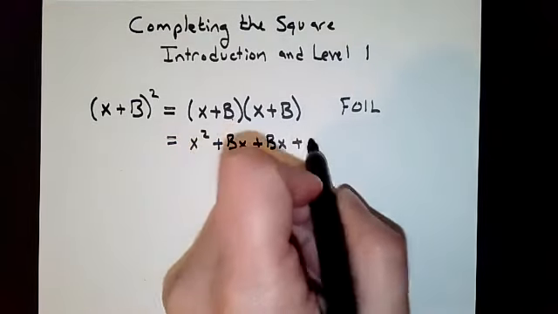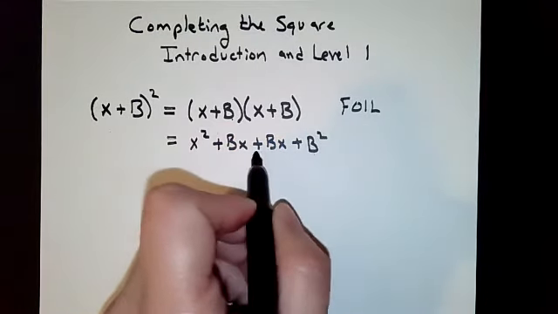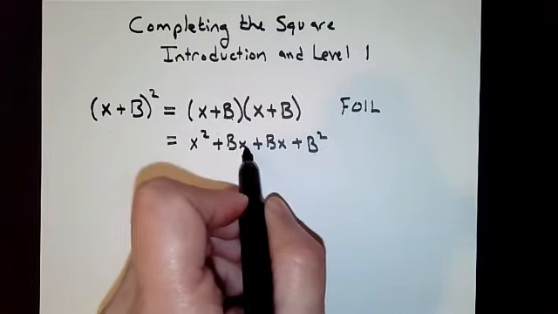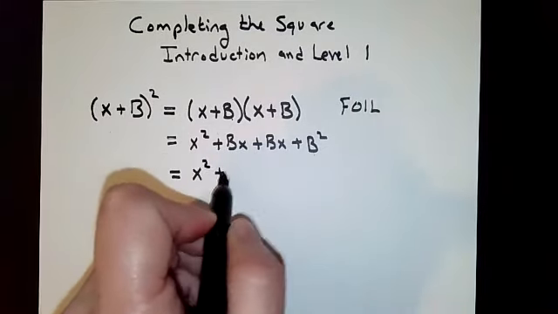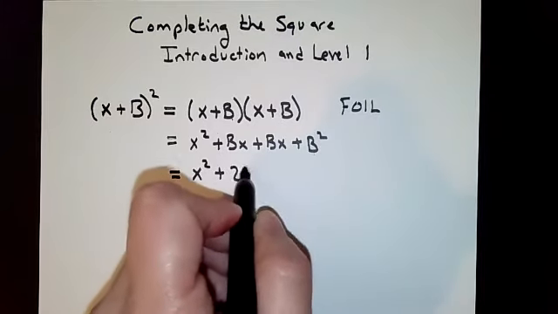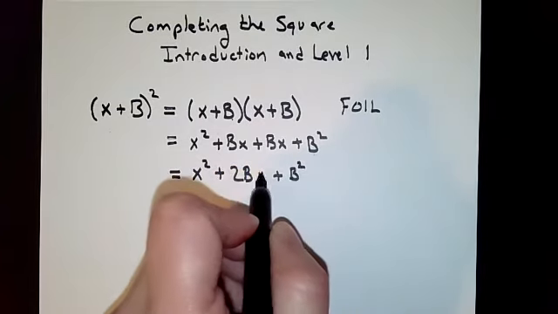So last would be b times b is b squared. The two middle terms are like terms. They're both a number times x to the first power. So we can write this as x squared plus, we have two of them, so 2b times x plus b squared.